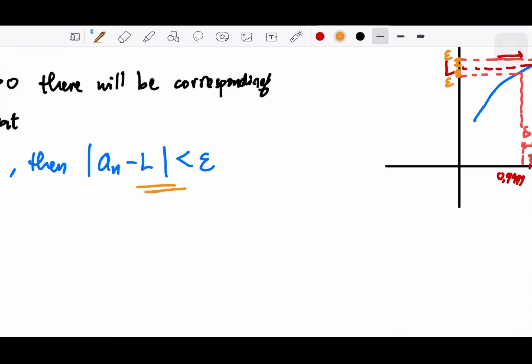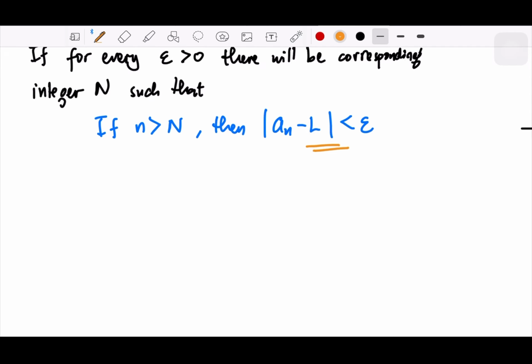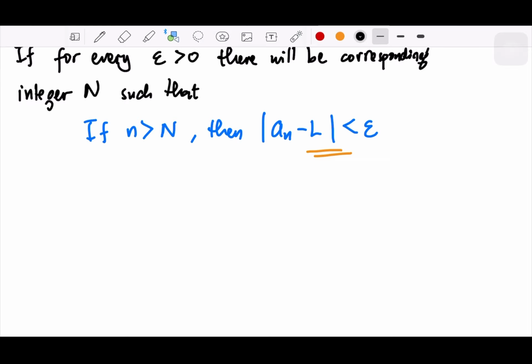Now, if we draw the sequence in here, let me draw first.